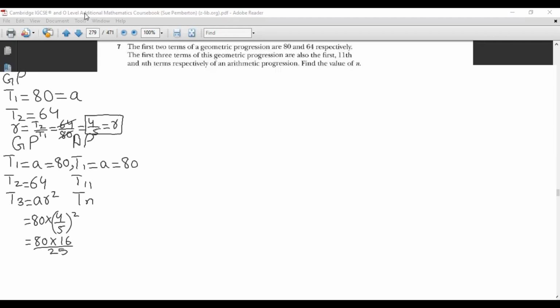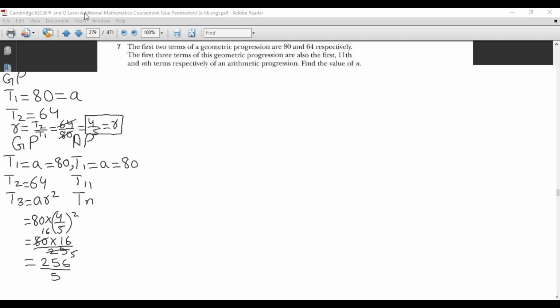When I simplify, 80 divided by 25 gives 16 over 5, so this becomes 16 into 16 over 5, that is 256 over 5.